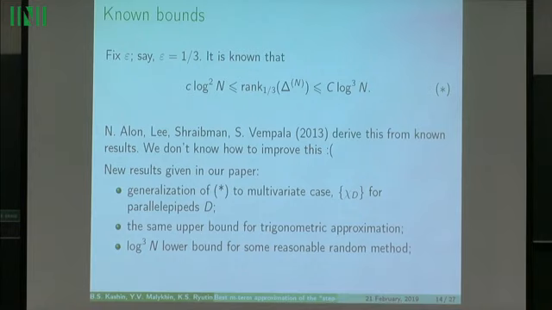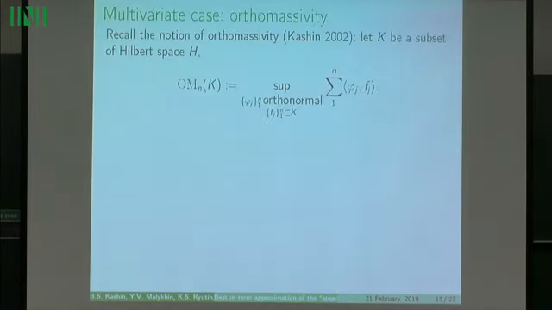Firstly, I'll talk about the upper bound for trigonometric approximation, and I'll show finally that one can prove a third power of log lower bound for some reasonable random method. So the first approach is the notion of orthomassivity introduced by Kashin in 2002.